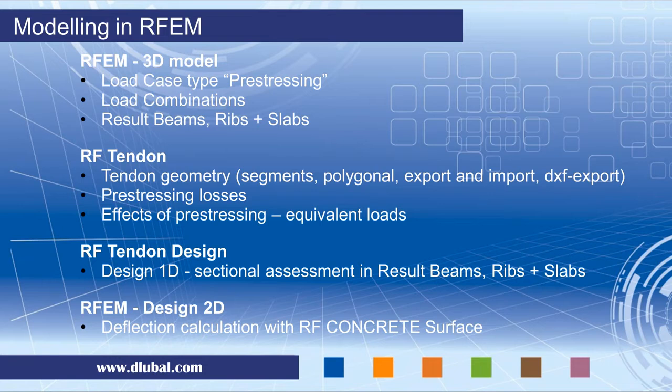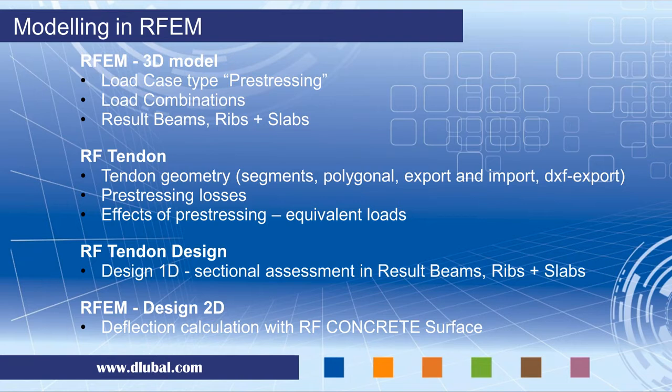Now you have one load case, like for example self-weight, which acts downwards, and of course pre-stressing acts upwards, and you can perform the analysis of 2D members, I mean the 3D structure with the slabs, and you can also perform 2D design directly in RFEM.